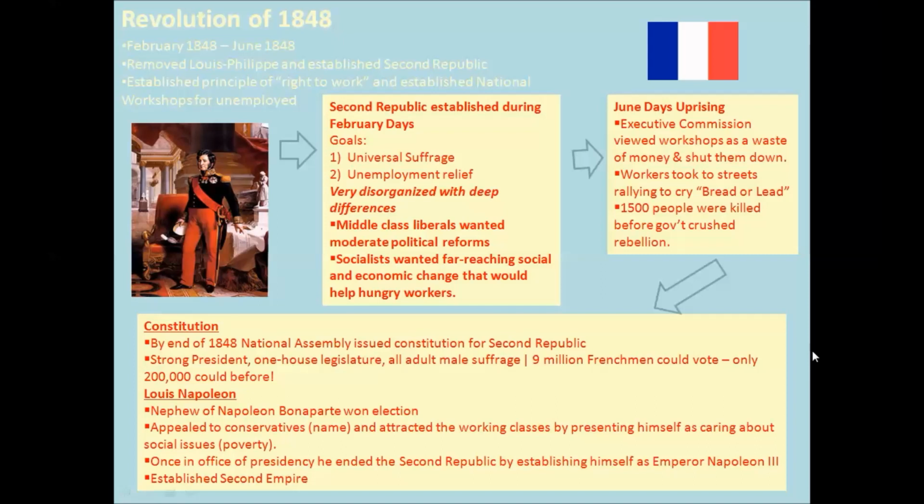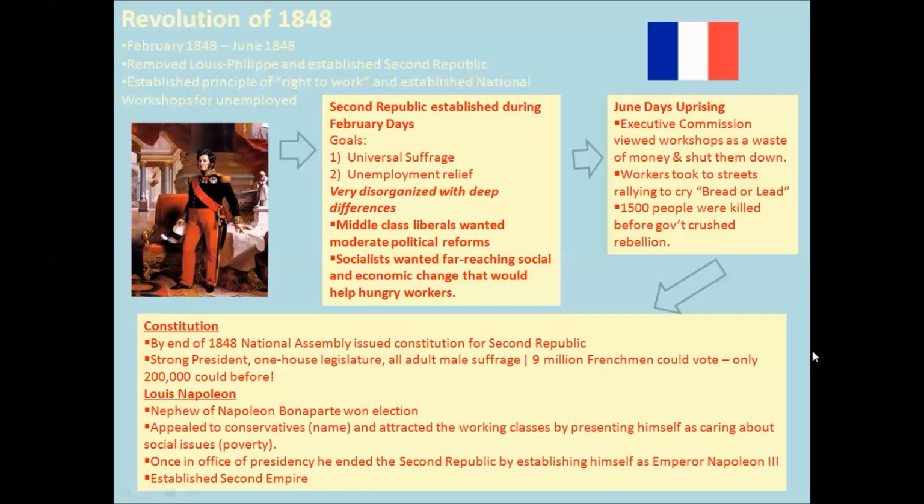So what was the Second Republic about? Well, it's established during what's called the February Days, and the goal was that with this new republic, they were going to have universal suffrage and unemployment relief because the economy was pretty bad. One of the things that precipitated these 1848 revolutions was famine throughout Europe because of a bad growing season. This revolution is very disorganized.